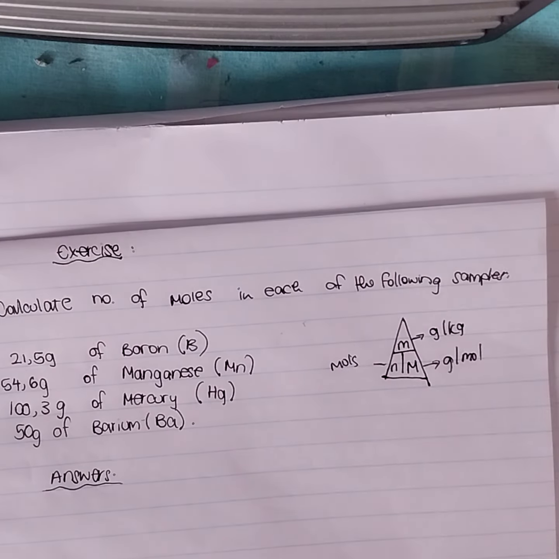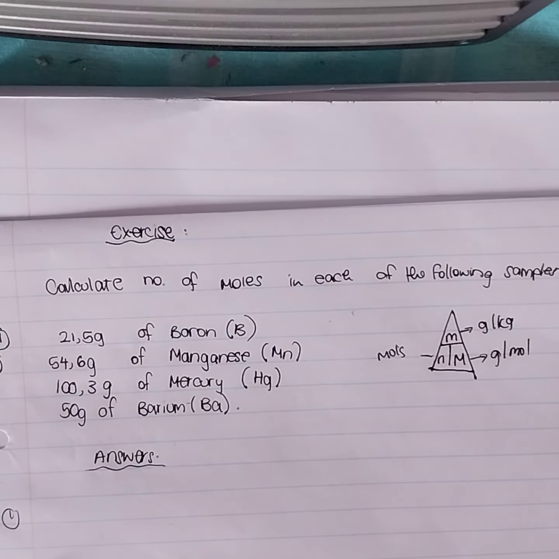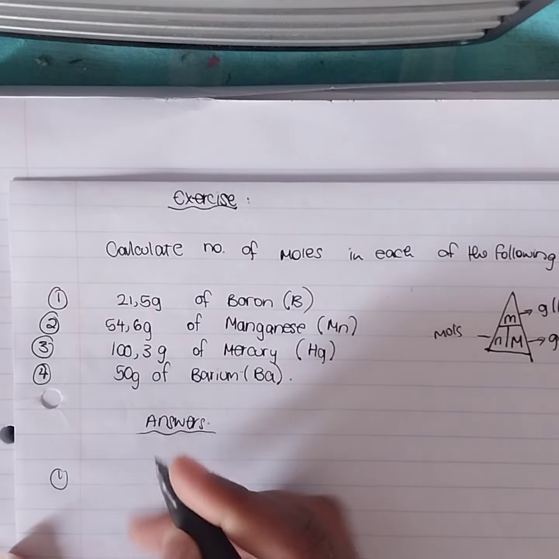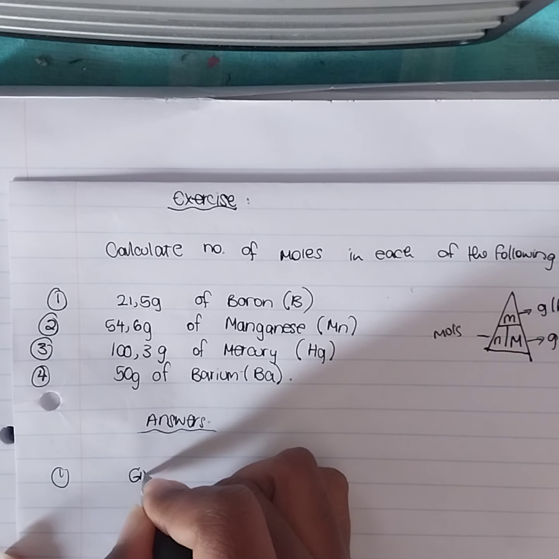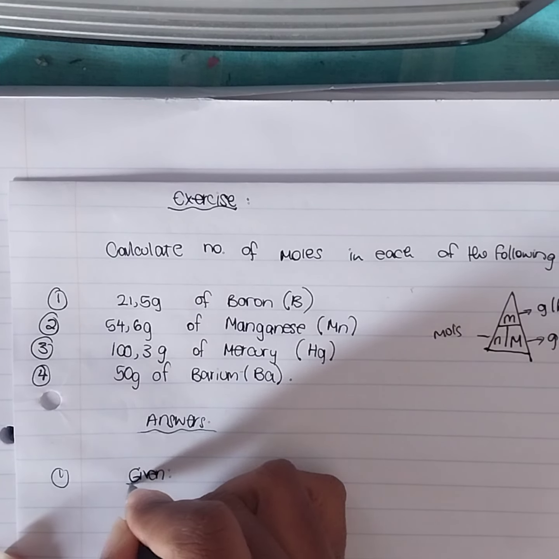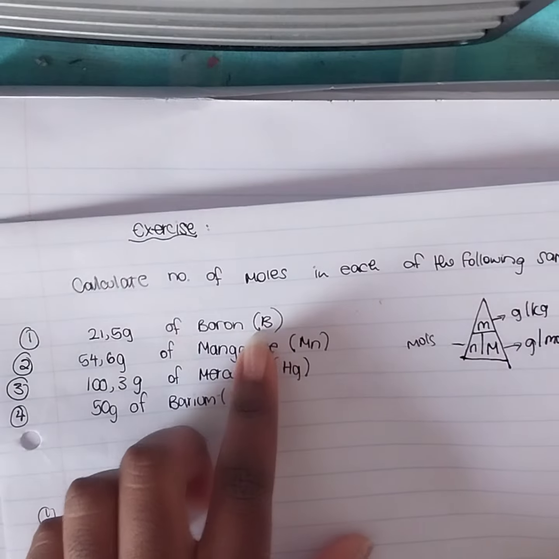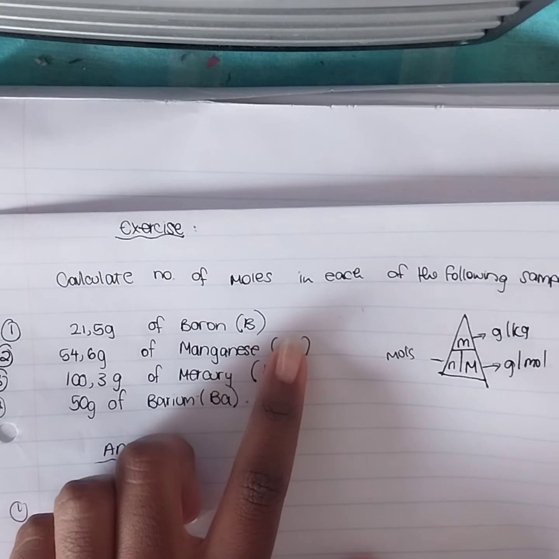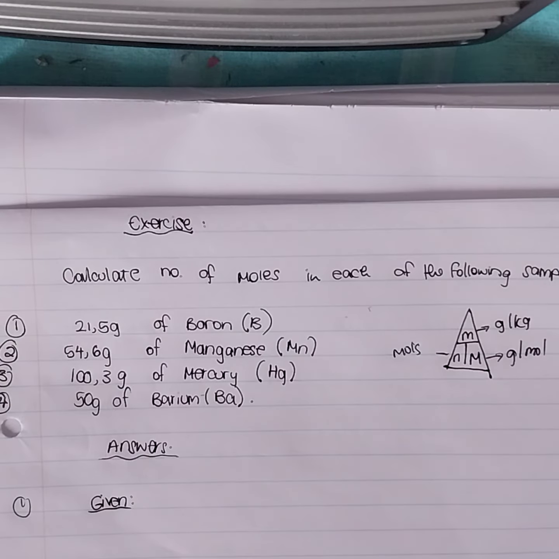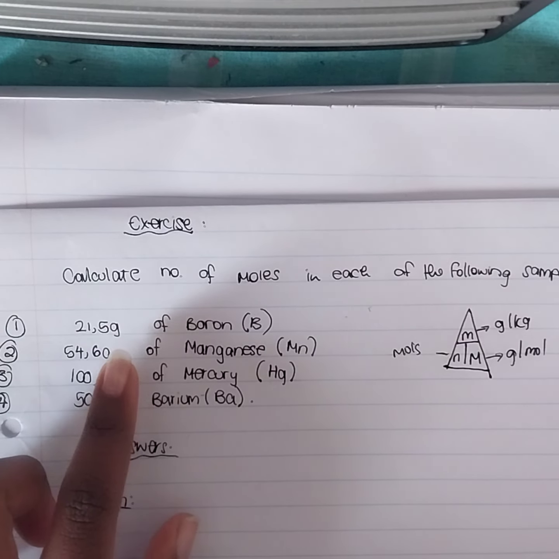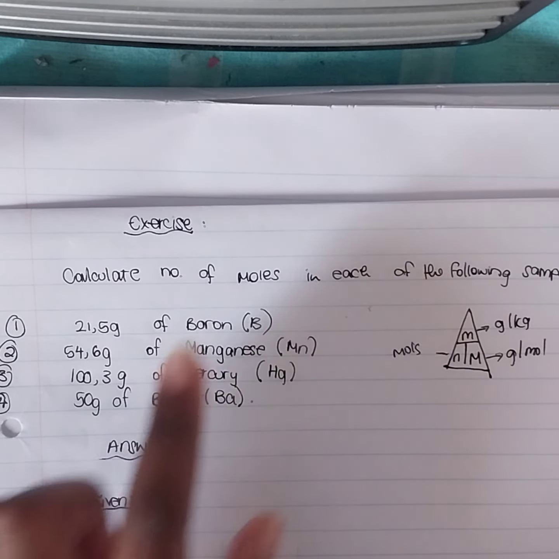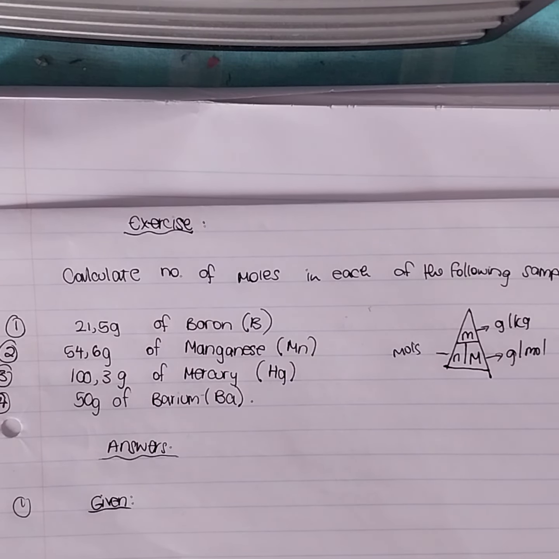Okay, always start with your given, all right? Let's just write down the given before we attempt the question. All right, let's get to it. It says here, calculate the number of moles in each of the following samples. 21.5 grams of boron. Calculate the number of moles, okay? So to calculate the number of moles of boron, what you do is you write down your given.